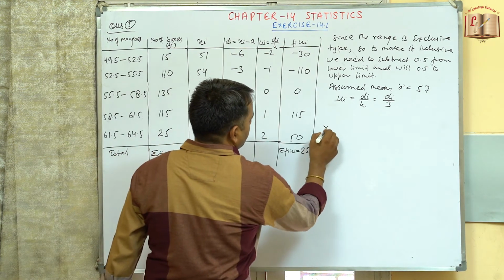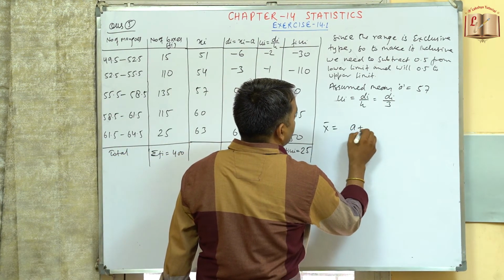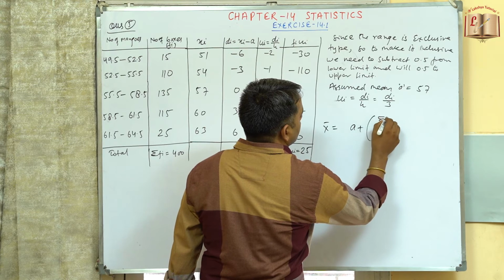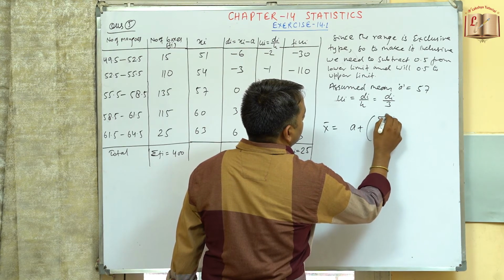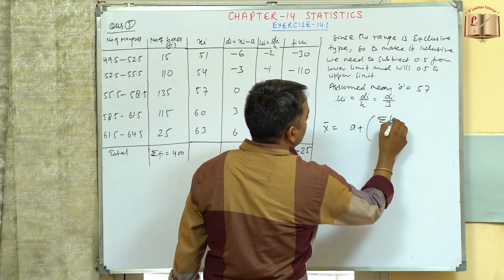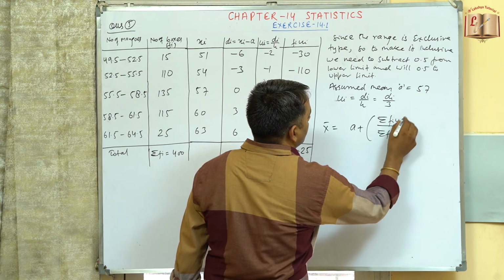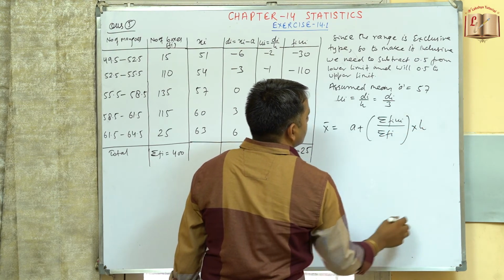Now we can find out the mean. So mean will be a plus sigma fi ui divided by sigma fi into h. H is the height.